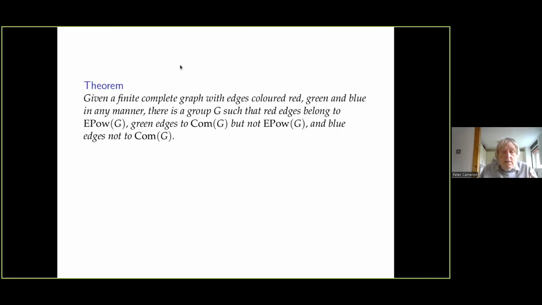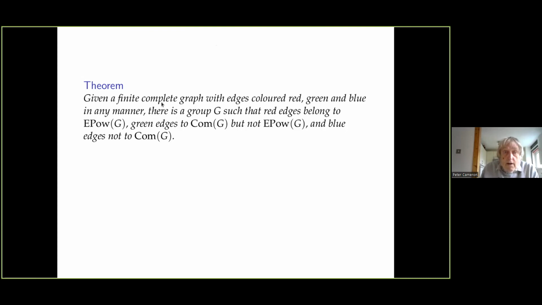So I'm not just taking a graph and trying to embed it. I'm taking a complete graph with 3 colors of edges, let's say red, green, and blue. Embedding a graph as an induced subgraph would be like taking a complete graph with 2 colors, 1 color for edges and 1 for non-edges, and embedding that. But we can do 3.